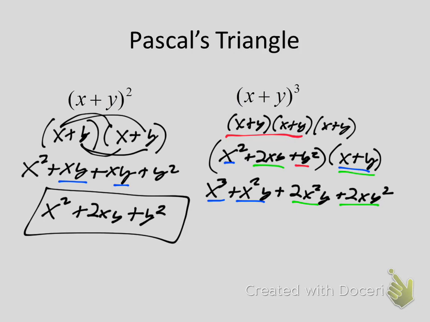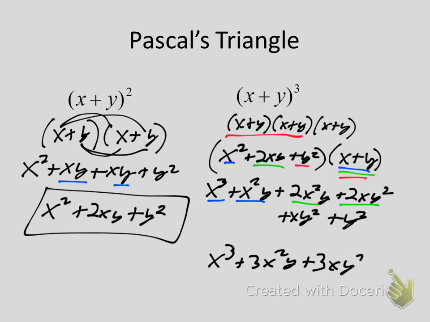And I'm going to have to go down a rung for the y's, but plus xy squared plus y cubed. Okay, so all 6 of those, and you got like terms amongst them. So your final answer is x cubed plus 3x squared y plus 3xy squared plus y cubed.